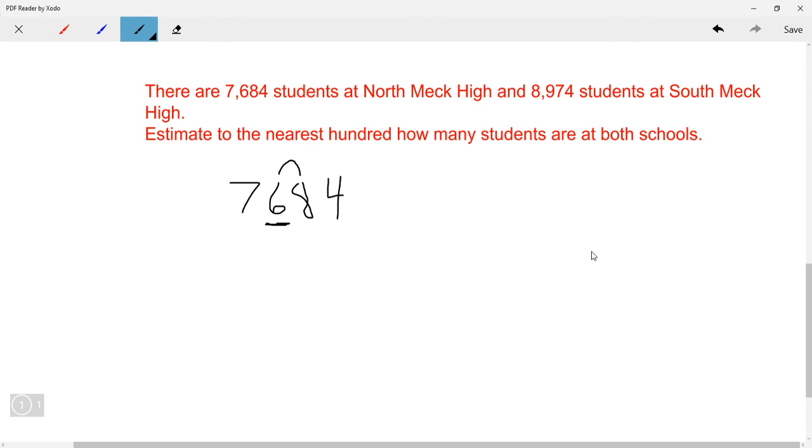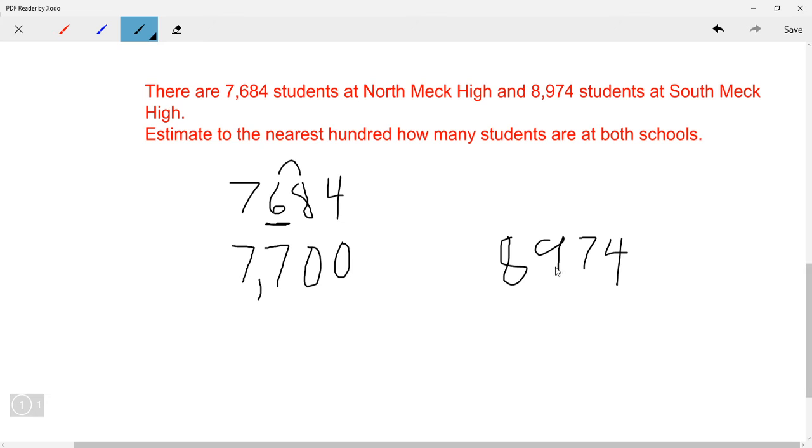And if it is 0, 1, 2, 3, or 4, 0 through 4, then this number would stay the same. So what we're doing is, since this is an 8, this would be up 1 because it's more than 5. And then every number after the 100 just turns into a 0. Okay, that's how we round. So this to the nearest 100 is 7,700.